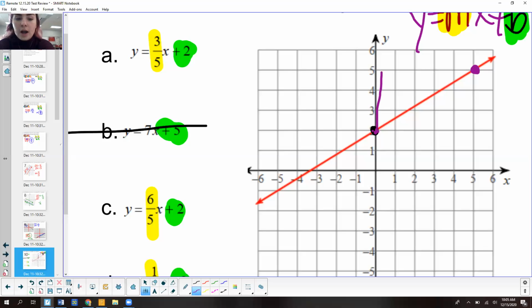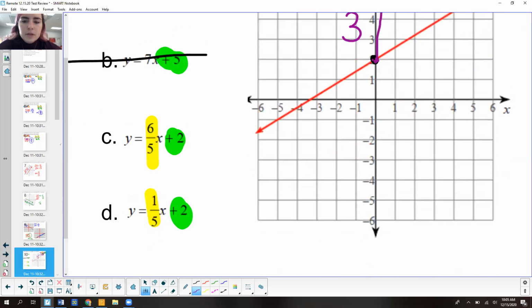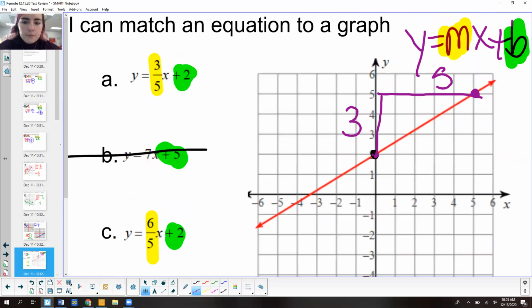So our change in y is 3. Our rise is 3. Our run is going to be 1, 2, 3, 4, 5. So our run is going to be 5. So what's our slope then? We just went over this like last slide. So if our rise, our change in y is 3, our change in x is 5, what's our slope?